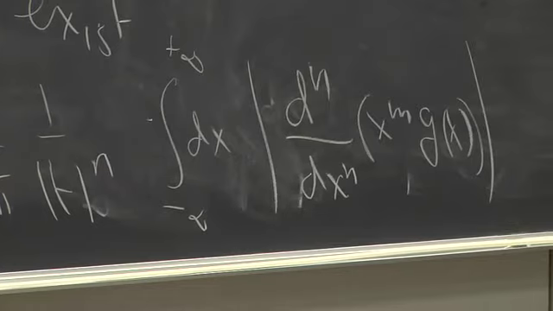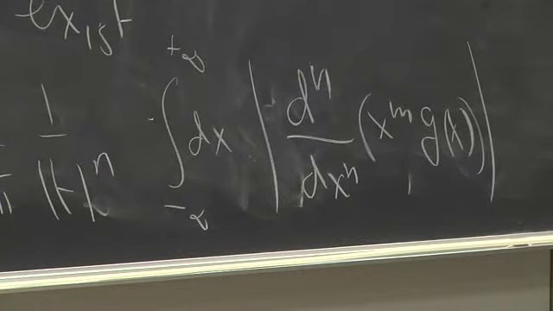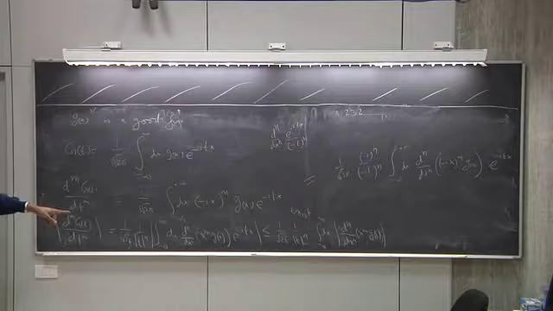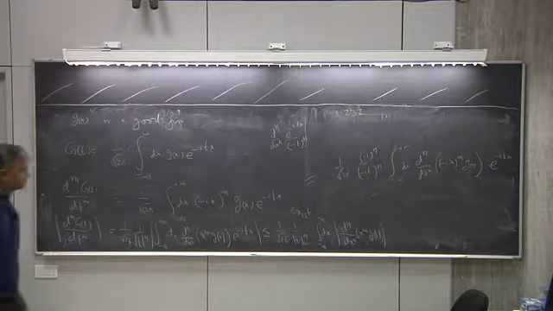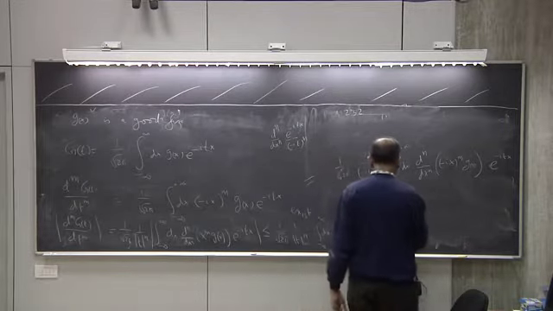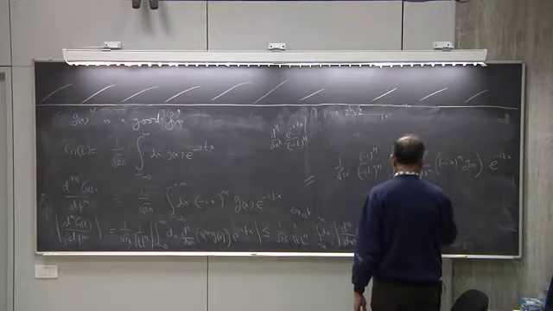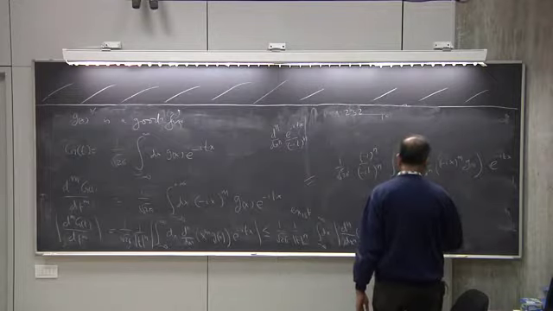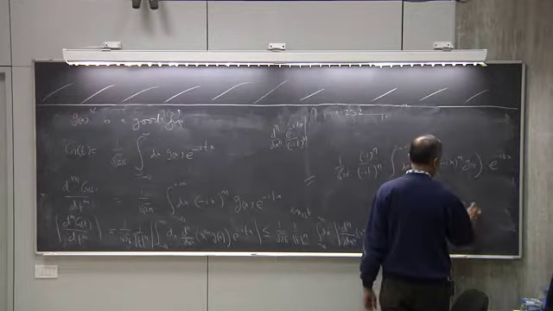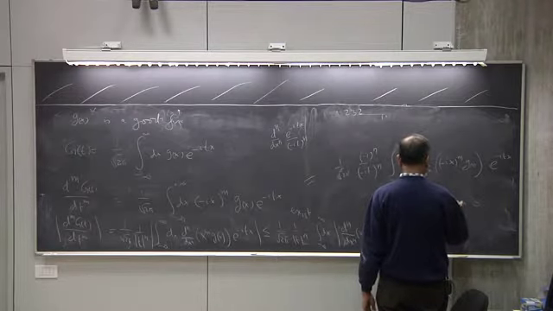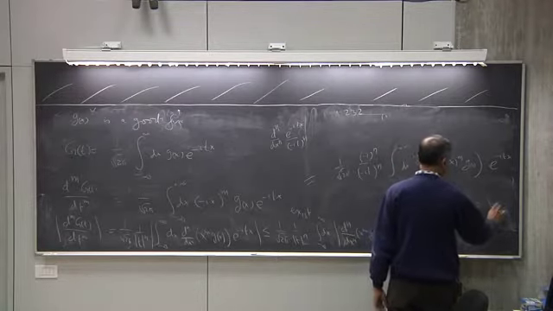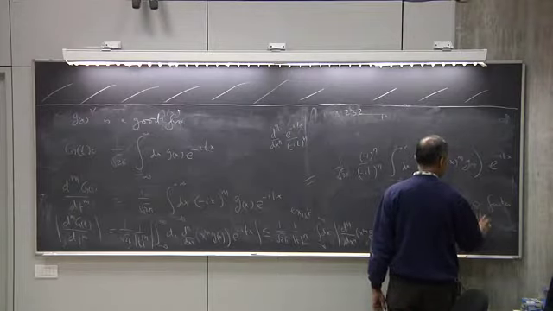For any n, n was arbitrary, you see. So it's telling me that this goes to 0 as t goes to infinity faster than any power of t, because n was arbitrary. You could choose n as large as you wish, right? So this implies that the derivative d^m g over dt^m goes to 0 as modulus of t goes to infinity faster than any power of t.